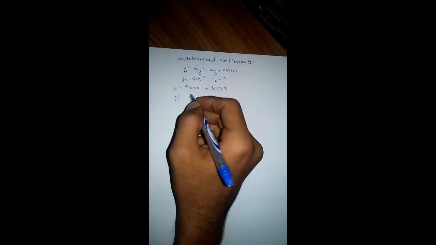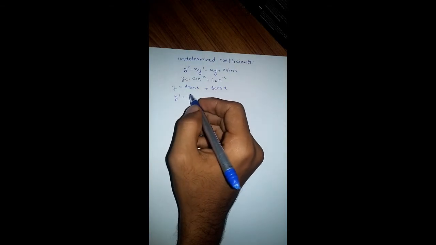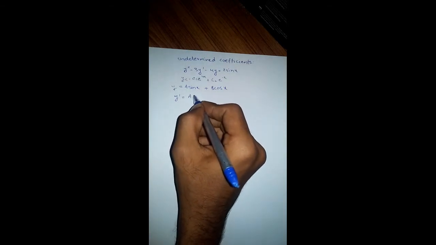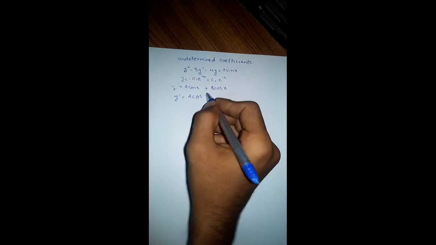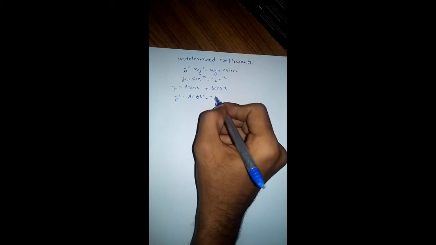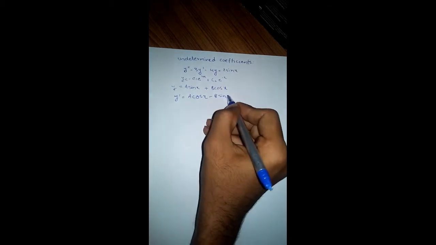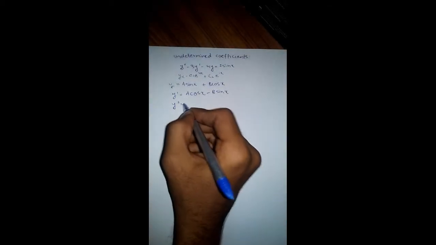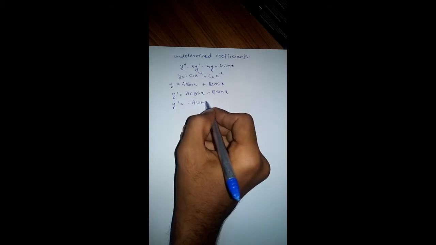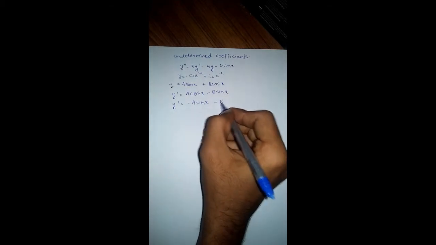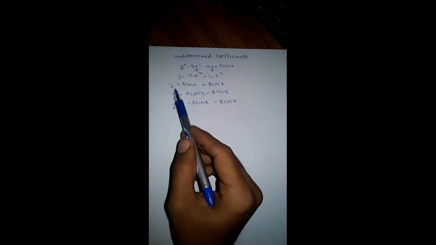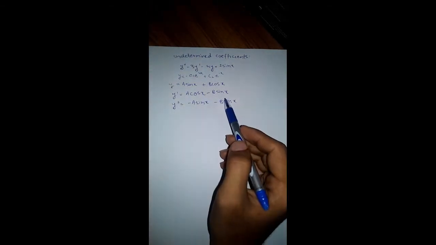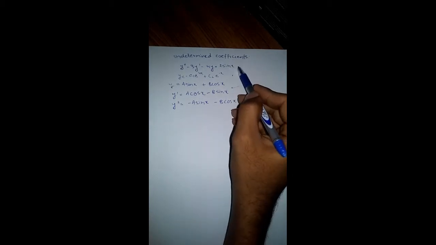The first derivative becomes a cos x minus b sin x, and its second derivative will become minus a sin x and minus b cos x. So we are going to put all of these back into this equation and solve for a and b.